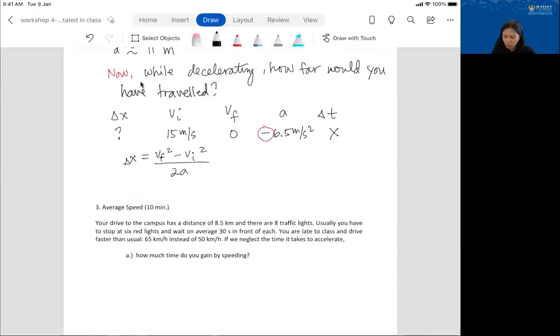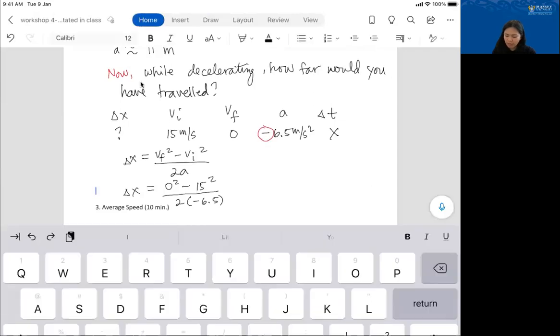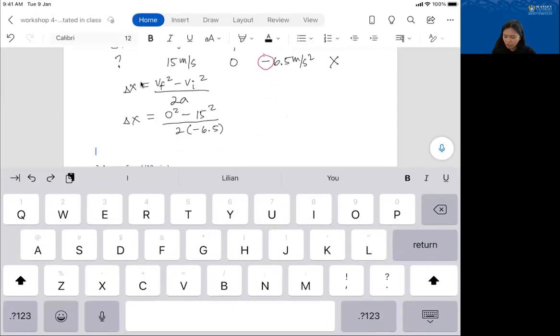Then you can solve for delta x, your stopping distance. That's 0 for your vf, minus vi, which is 15 squared, so don't forget there's a square, divided by 2 times negative 6.5. Remember to include the negative sign in your calculation.